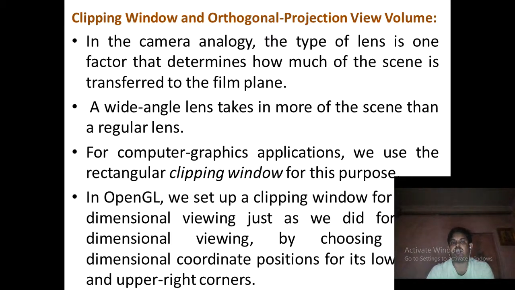Here in the camera analogy, the type of lens is one factor that determines how much of the scene is transferred to the film. In lab I have given the example of an elephant, right.